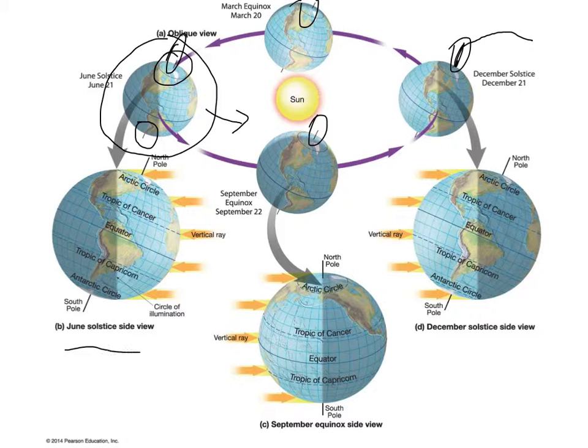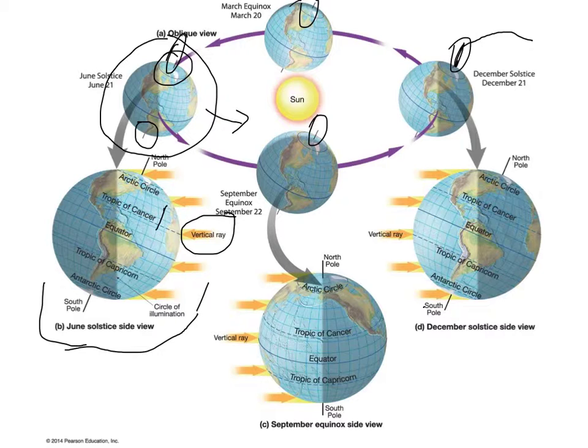So this shows you the June solstice. During the June solstice, we receive in the northern hemisphere more of what we call vertical rays, so head-on rays. So it's the strongest intensity of light, and this is at what we call the Tropic of Cancer, 23.5 degrees north.